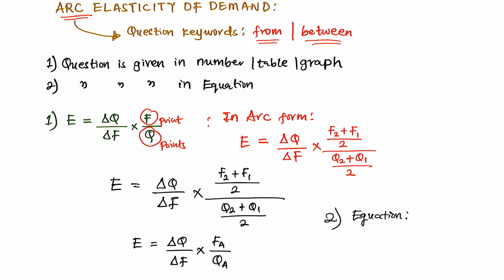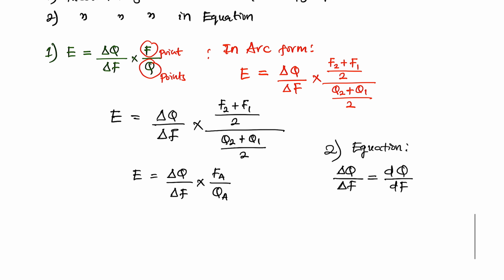And as we've mentioned before, in situation 2, when you have an equation, we simply replace change in quantity divided by change in factor. We replace it with the Q, the factor, and the rest of the formula remains the same. In this situation, the arc elasticity of demand is, instead of writing change in Q over change in F, we replace it with this.